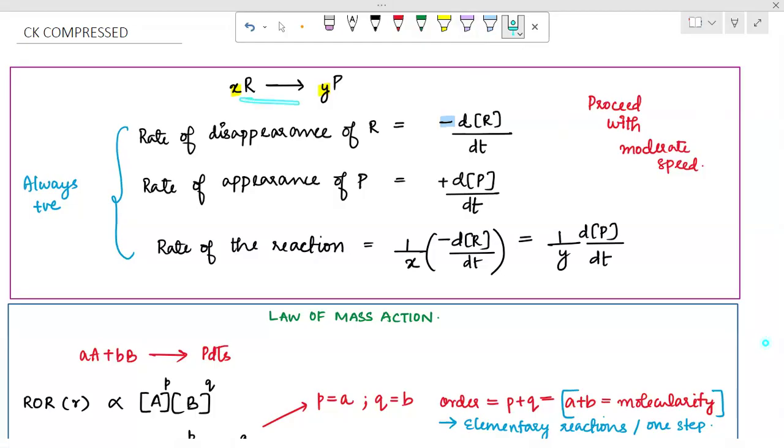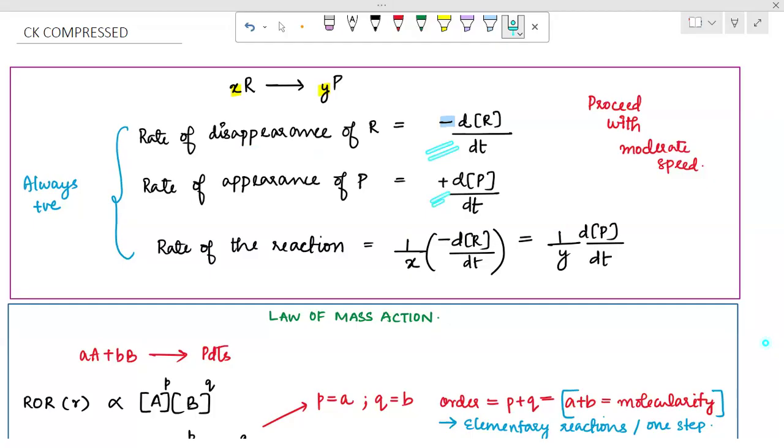Also, if any reaction is given to you, we can just look at the reaction and write the expression for the rate of the reaction, which involves the reciprocal of stoichiometric coefficients. The stoichiometric coefficient is only involved if the rate of the reaction is asked. Instead, if the rate of disappearance of the reactants or the rate of appearance of the products is asked, stoichiometric coefficients are not considered.